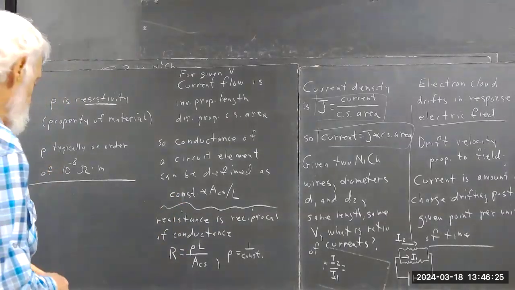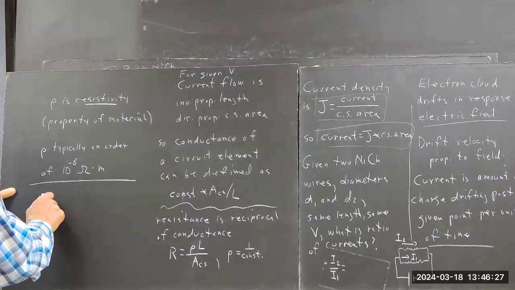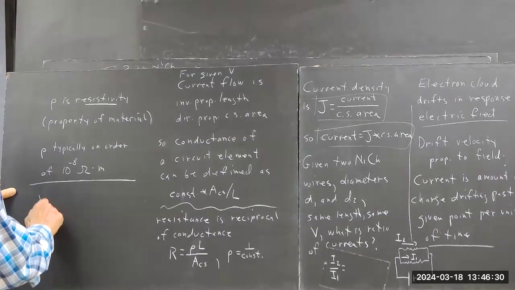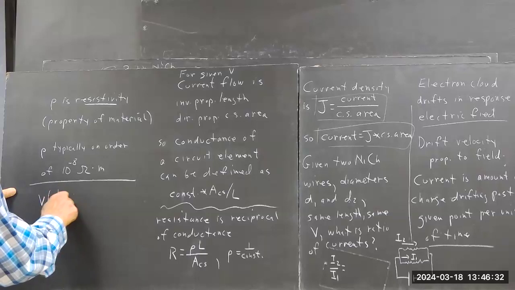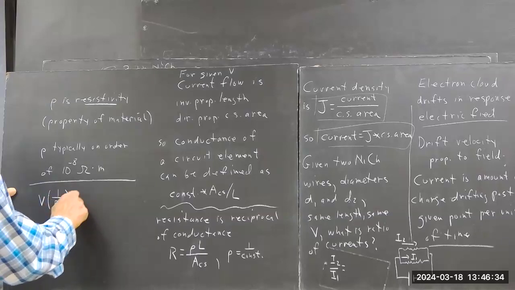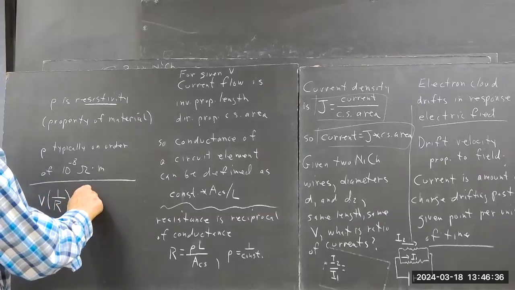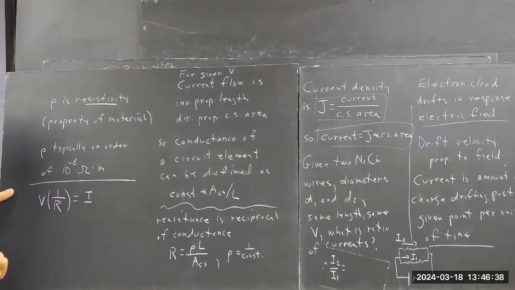So here's what it comes out to. Voltage times reciprocal resistance equals current.